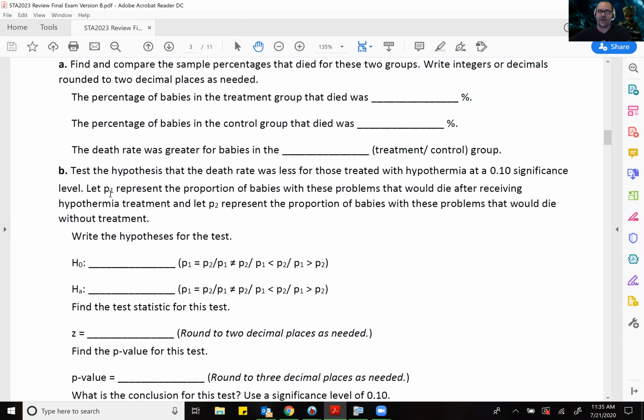So when we write the hypothesis test for this, H naught is always equals. So there's only one choice here. You're going to choose the equal part. P1 equals P2. We assume they're the same. Okay? So P1 equals P2. The treatment group equals the same as the control group.